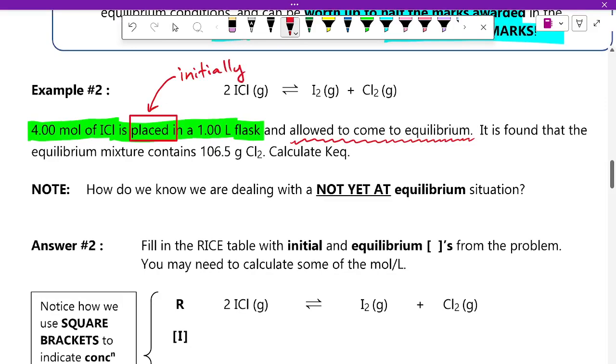This question doesn't say initially, but you can assume that when you place something in, you're putting it in there at the beginning, okay? Anytime you see "is allowed to come to equilibrium," that means you're going to use a rice table, okay?